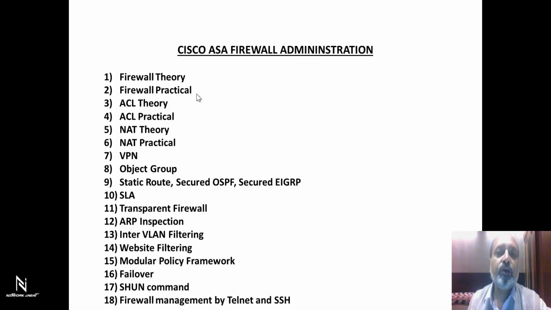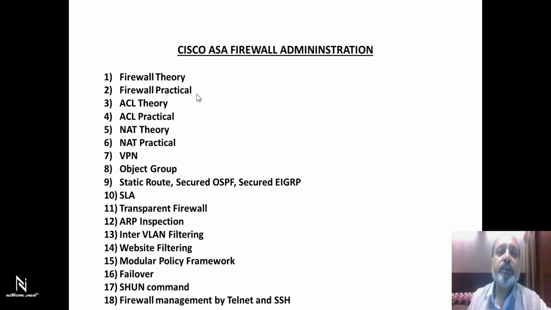Routing configuration means we can configure static route, OSPF or EIGRP. In fact, we can configure different routing protocols in firewalls. But here, as we are not focusing on routing itself, I have just mentioned these three topics for routing: only the static route, secured OSPF, and secured EIGRP, right?